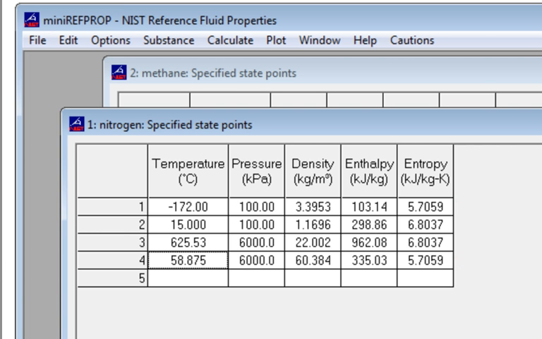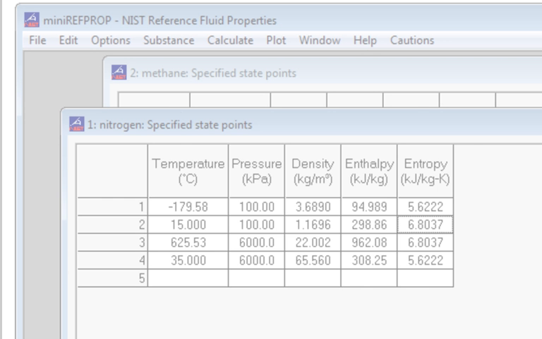If you say I want to cool it to 35 degrees C, and it's 6,000, enter. Well, then this is the new entropy, and I'll just copy that and paste it here, and we're going to expand it down to 100 so it can get to negative 180 degrees C coming in.